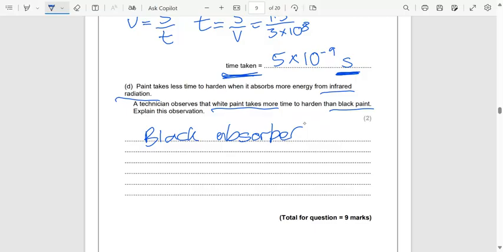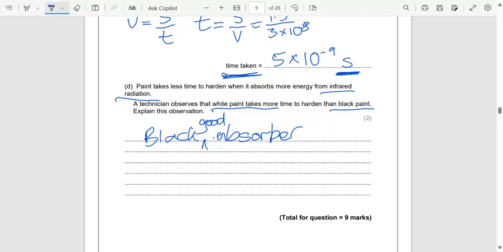Now, we've got to be careful here, right? Because if it's a good absorber, we need to link how that is going to reduce the time for the paint to dry. So just saying that black is a good absorber of light, that's not enough, right?